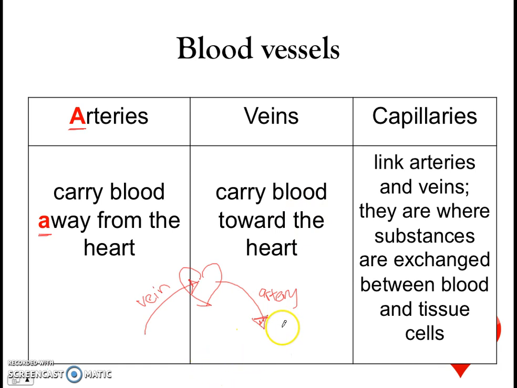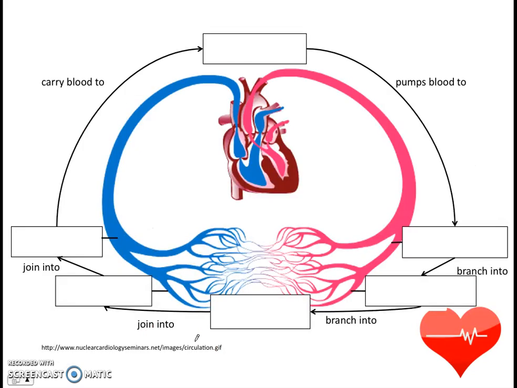And we'll look at that a bit more later. They link the arteries and veins, so you'll find capillaries somewhere in between. And they are where substances are exchanged between the blood and tissue cells. So the rest of the body cells will be interacting with the capillaries to exchange substances, as we'll see in the rest of this set of videos.